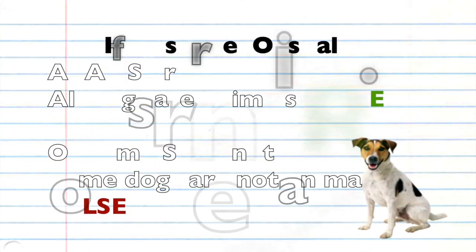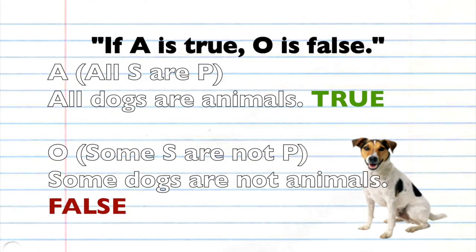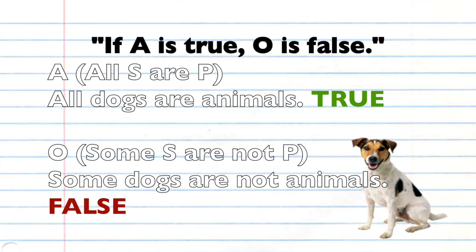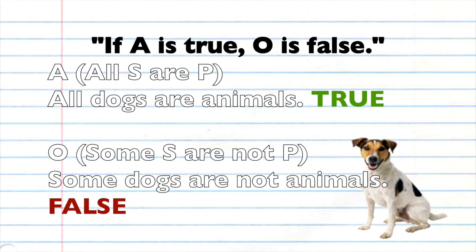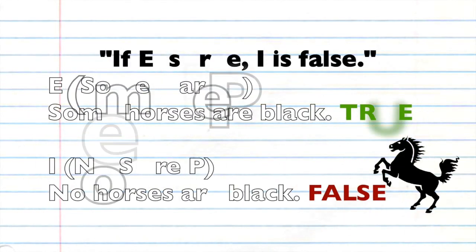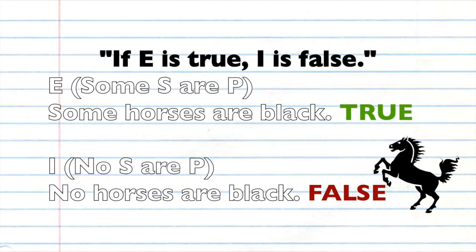Another form is: if A is true, O is false. For the A proposition, all dogs are animals. It is true. And for the O proposition, some dogs are not animals. It is false.